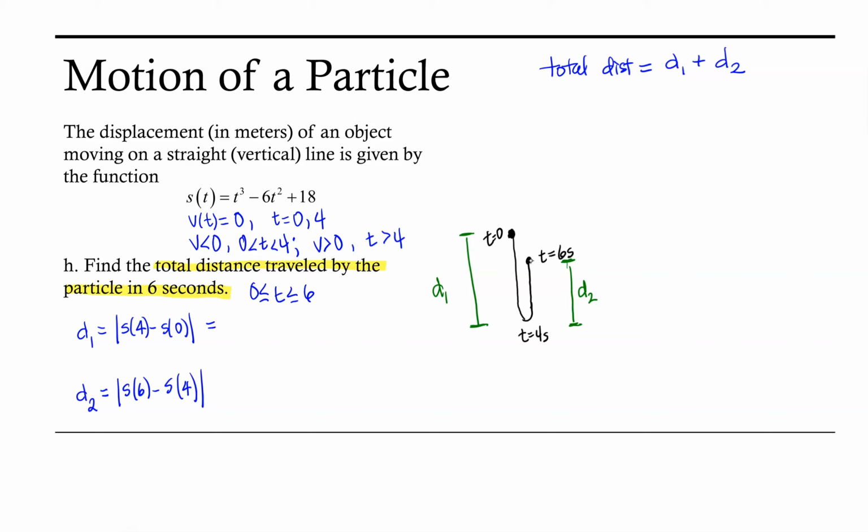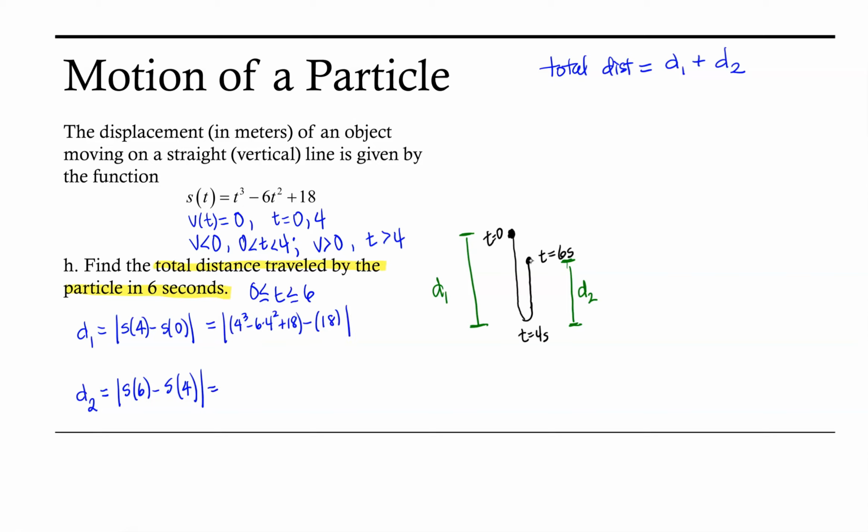And so we can go ahead and compute those. We'll have 4 cubed minus 6 times 4 squared plus 18 minus s of 0, and s of 0 is 0 minus 0 plus 18, so minus 18.